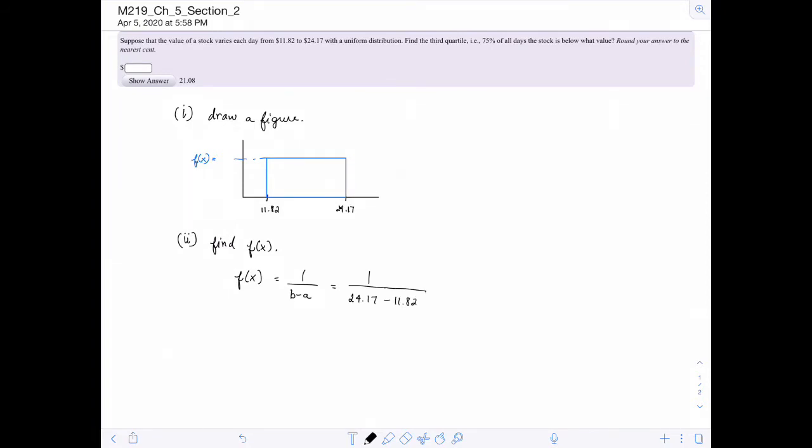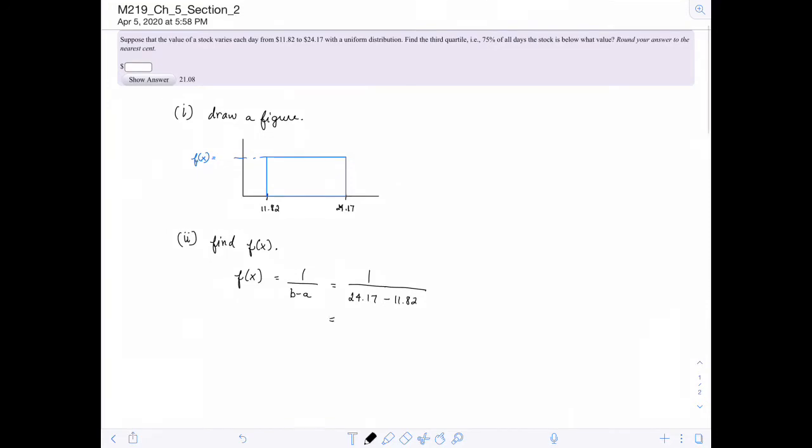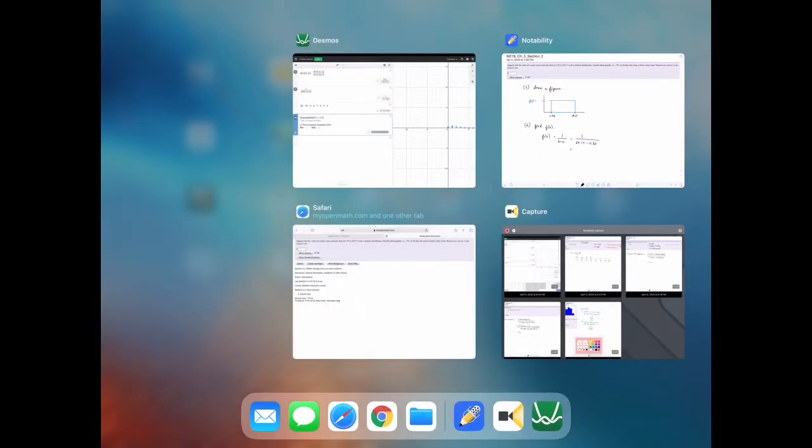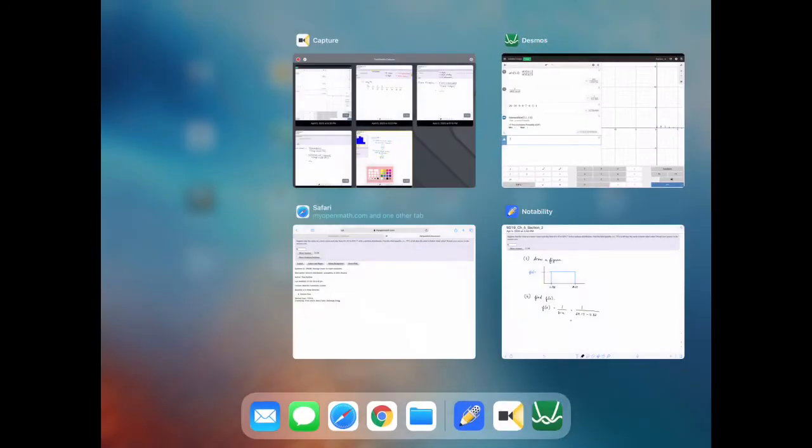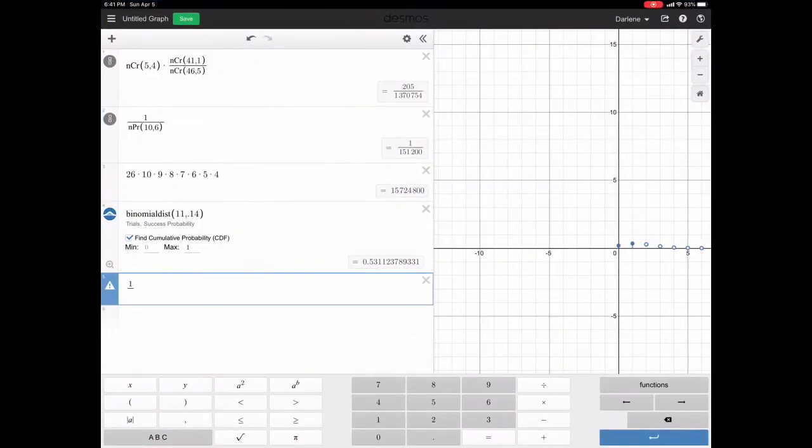So if I go ahead and just put that in the calculator, I put 1 over 24.17 minus 11.82. I get this decimal.